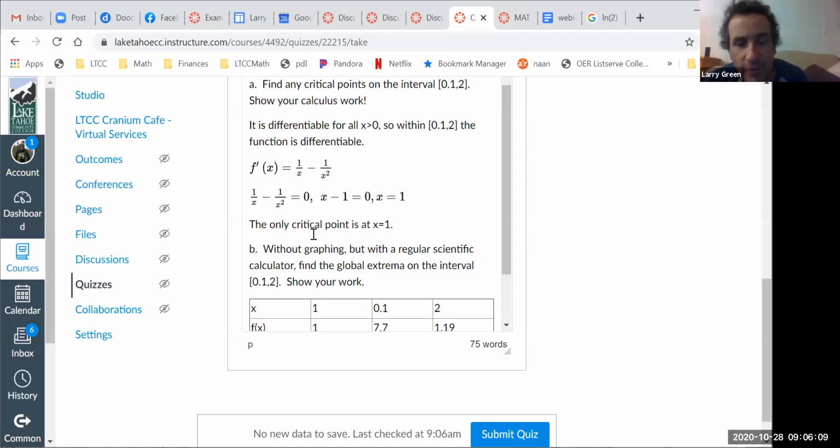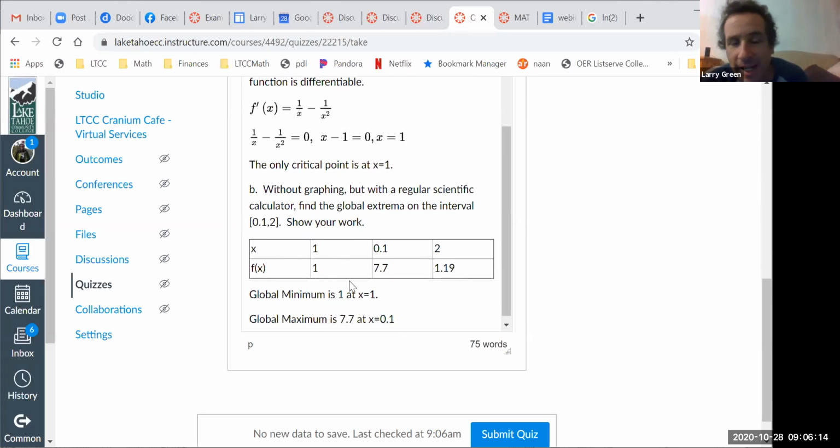And then step 4 is to list them all. And then if you want to find the global max and the global min, you look at x and f of x, and the biggest f of x is the maximum, and the smallest f of x is the minimum amongst our candidates.